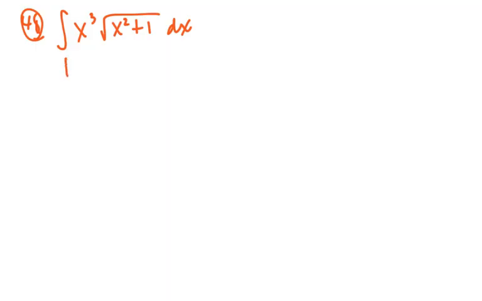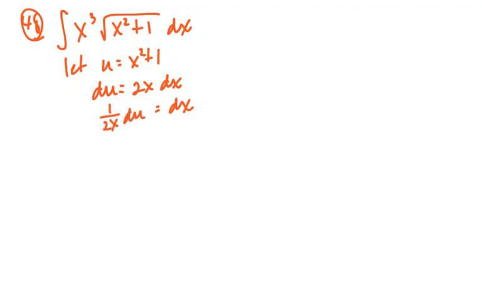So we know that we're going to let u equal x squared plus 1. Then du is 2x dx. So let's solve for dx, and that's 1 over 2x du.